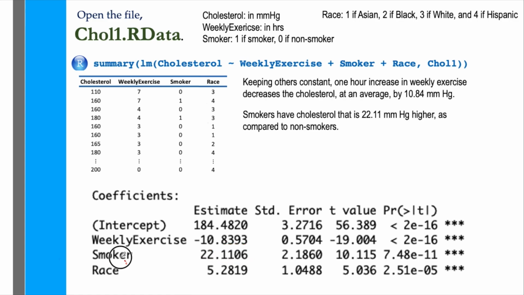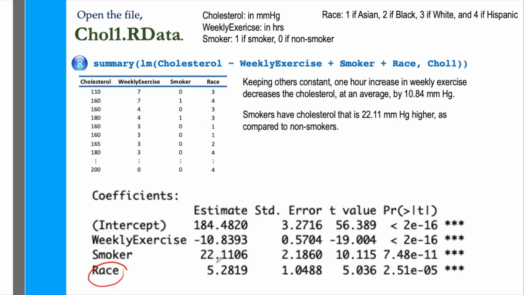Now, how do we interpret race, which is 5.28? The way we interpret the other variables is that a 1 unit increase, like a 1 hour increase in weekly exercise, changes the cholesterol by negative 10.84. A 1 unit increase in smoker, meaning from non-smoker to smoker, will increase the cholesterol level by 22.11.